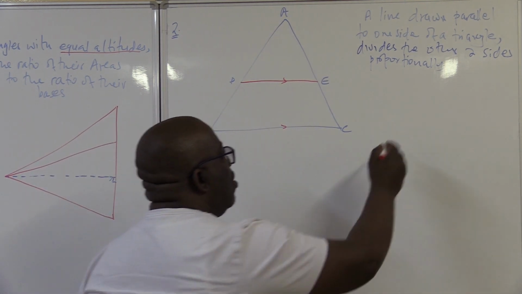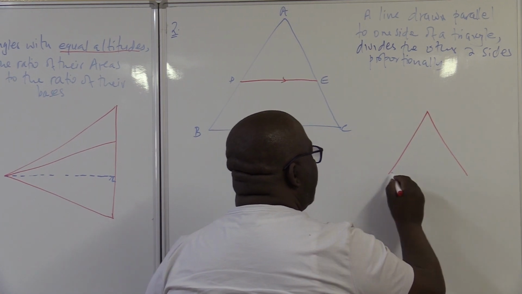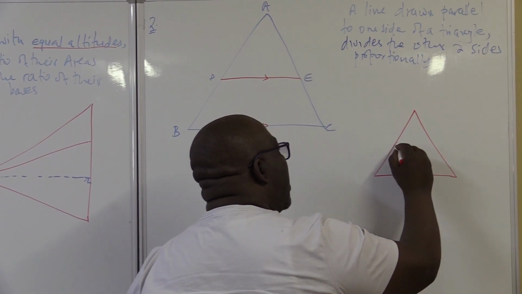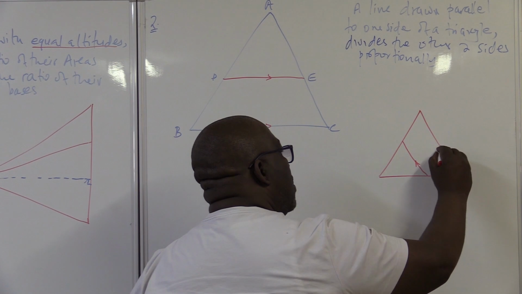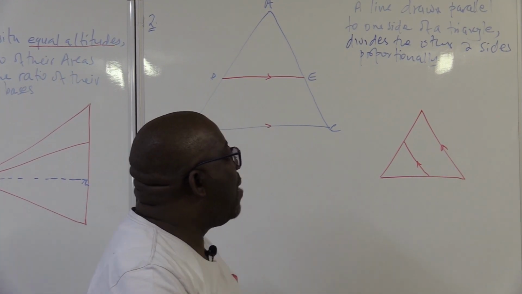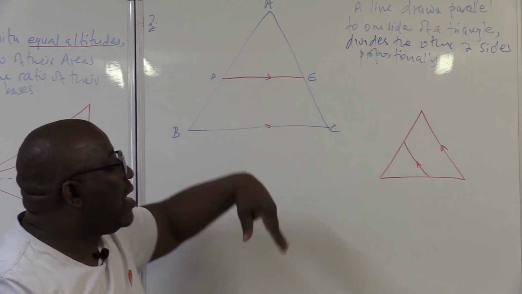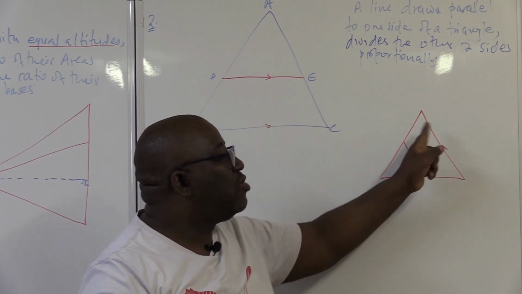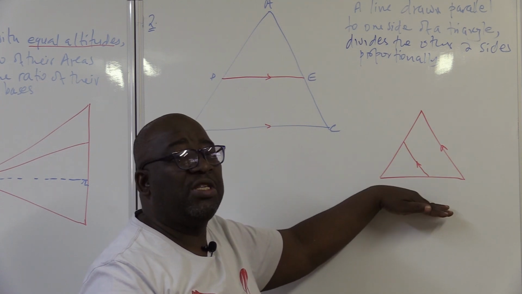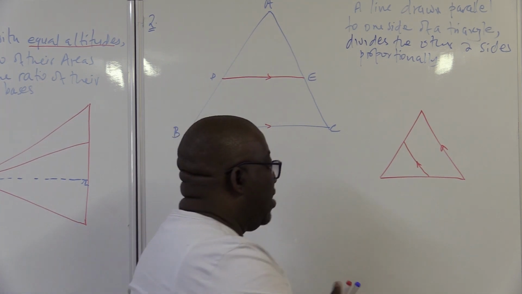Let's make another scenario quickly. If we have got a triangle like this one, you can draw it parallel to this one. Now, there's a line drawn parallel to, it does not necessarily have to be parallel only to this one, standard position. It can take any position. It can be drawn parallel to this one, then these 2 lines become important. Or the other way around.